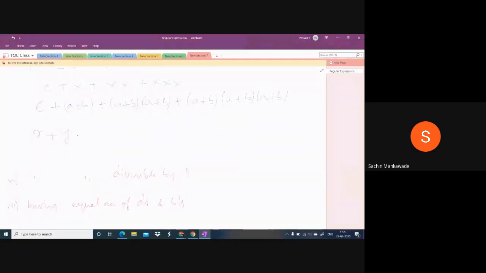The strings we can get from x plus y are x and also y. Then what is the meaning of x plus y plus z? You can take x, you can take y, you can take z. That is the meaning of x plus y plus z.